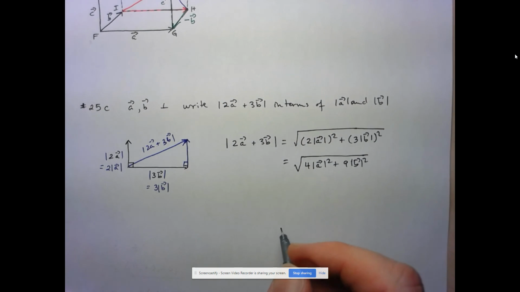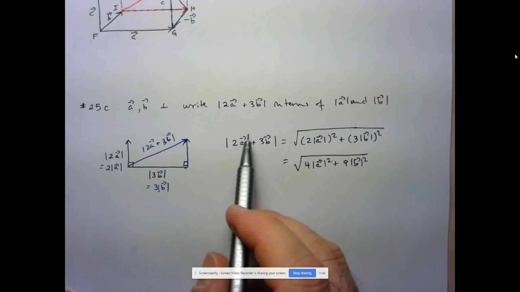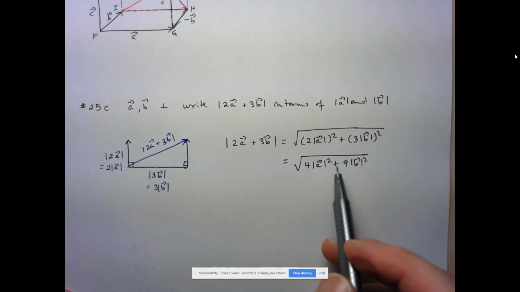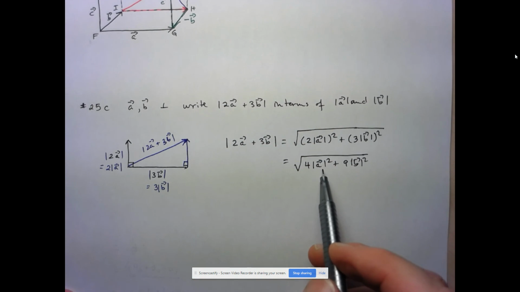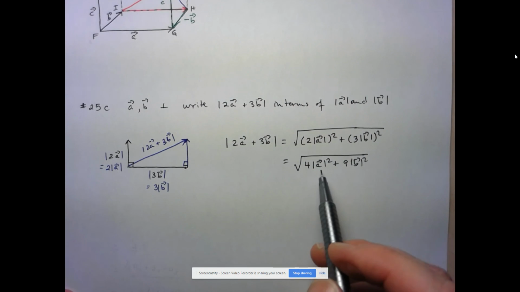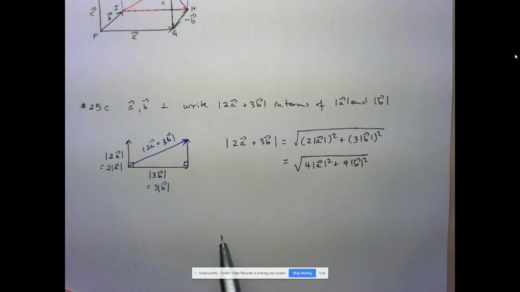What I've managed to do is write this magnitude in terms of the individual magnitudes of A and B. Not the nicest thing in the world because we've got this square root, but that's as simple as we can get. There's nothing further we can do to simplify this expression.